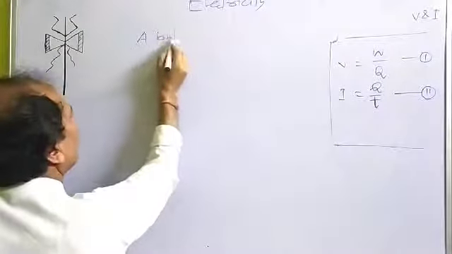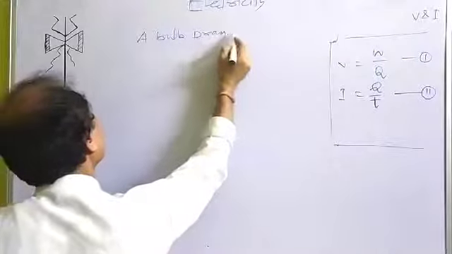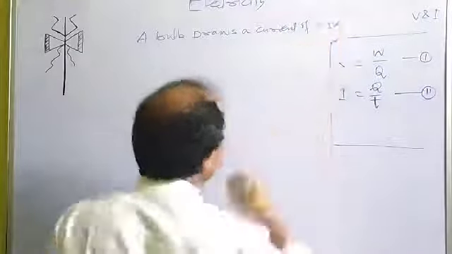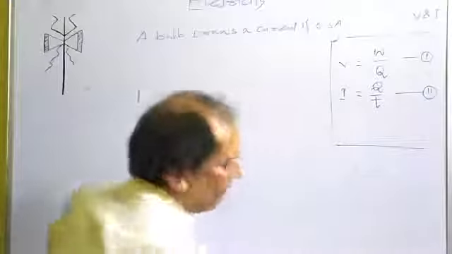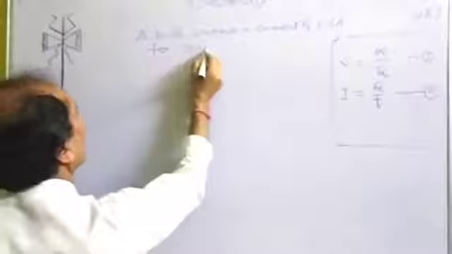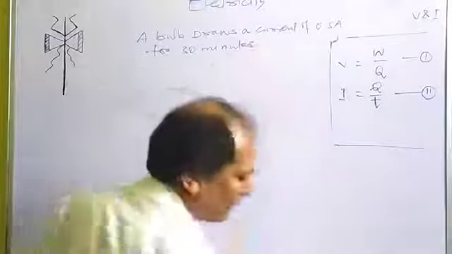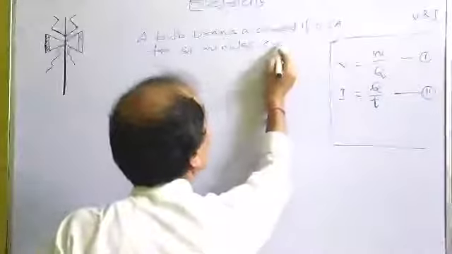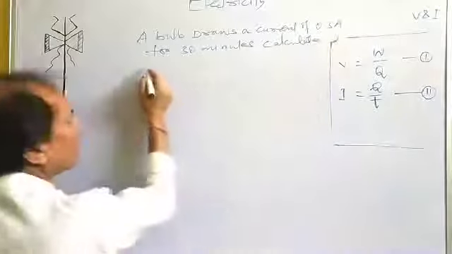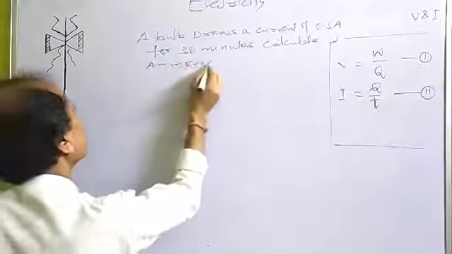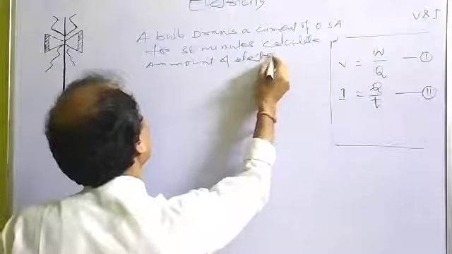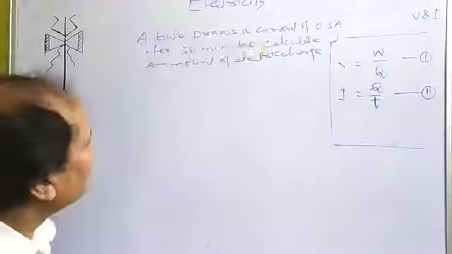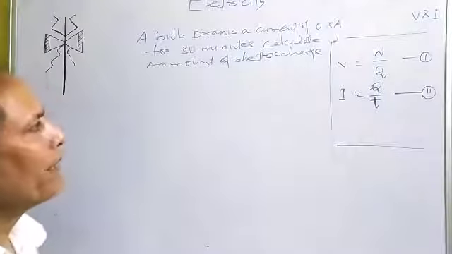A bulb draws a current of 0.5 ampere for 30 minutes. Calculate the amount of electric charge.